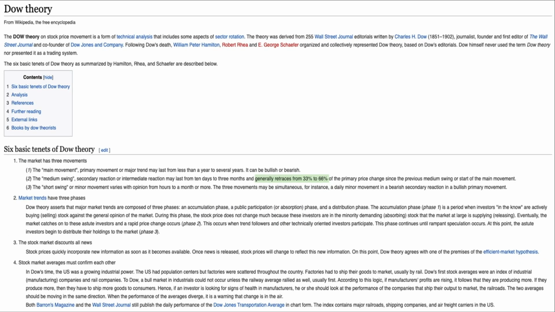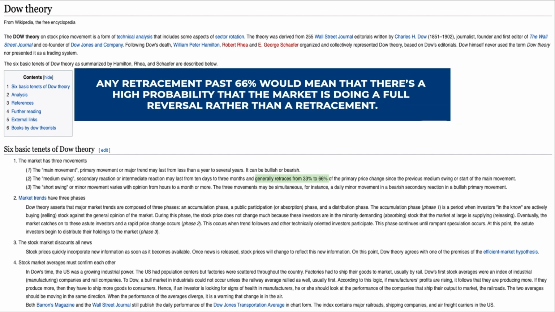Over here, I extracted the following statement from Wikipedia. And as you can see, the Dow Theory states that a retracement should be between 33% to 66%. Logically, if a retracement should be between 33% to 66%, then any retracement past 66% would mean that there's a high probability that the market is doing a full reversal rather than just a retracement.